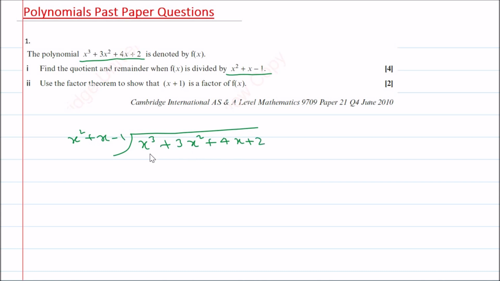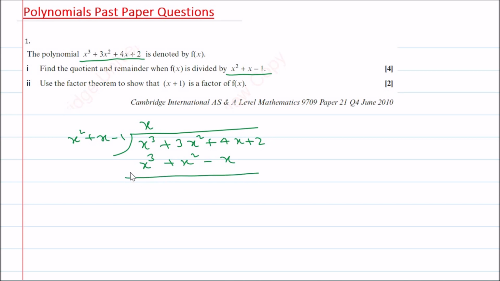So we have to bring the first term, x cube, so we need to multiply by x. Okay, so x square into x gives us x cube, x into x gives us x square positive, and then x into minus 1 gives us minus x.